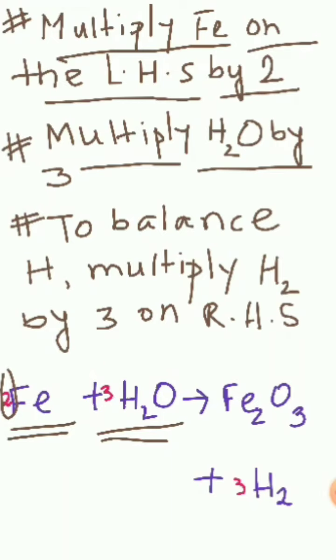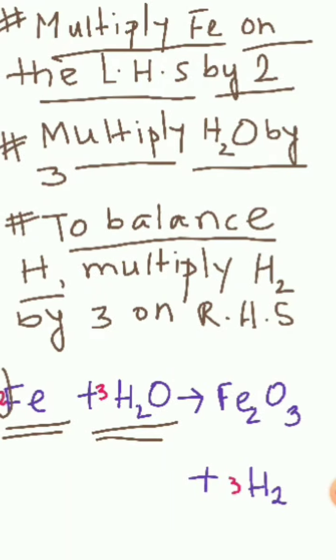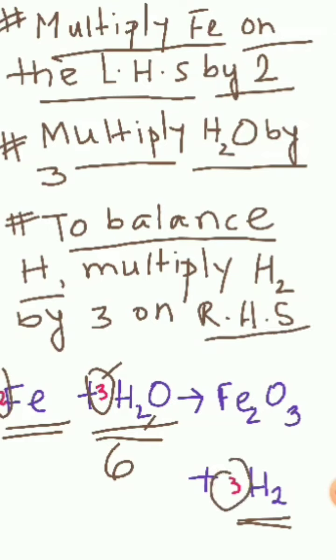Then to balance hydrogen, here we put 3, and then hydrogen is now 6, 2 into 3. So to balance hydrogen on the right hand side, we have to multiply by 3 to become 6.